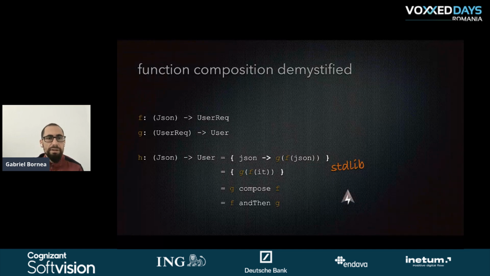And as I've said in the beginning, things that are not part of the standard library and are part of Arrow will have the icon you can see here. And andThen is great because it preserves the natural order of reading. So yeah, as you can see, andThen is the only function that will allow us to read the composition in a natural way.